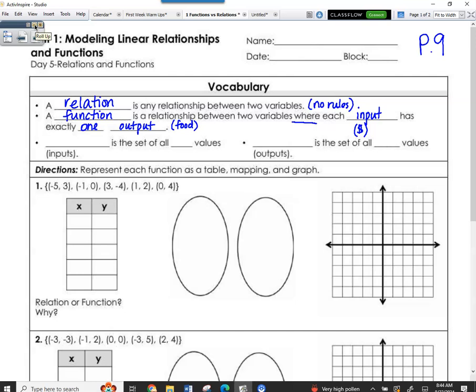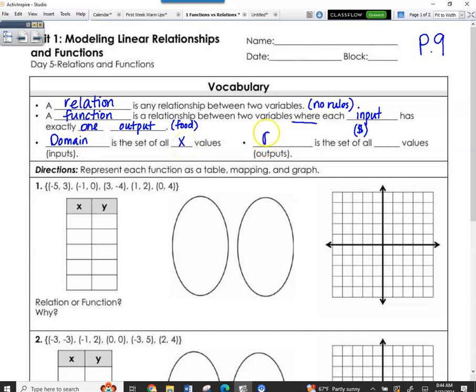So you put your money in, and you tell the vending machine what food you want, and it's going to produce that food, and only one of them, right? If it's functioning. So y'all know me, I relate things to food, and I always come up with corny ways to remember stuff. Now, the domain is the set of all x values.